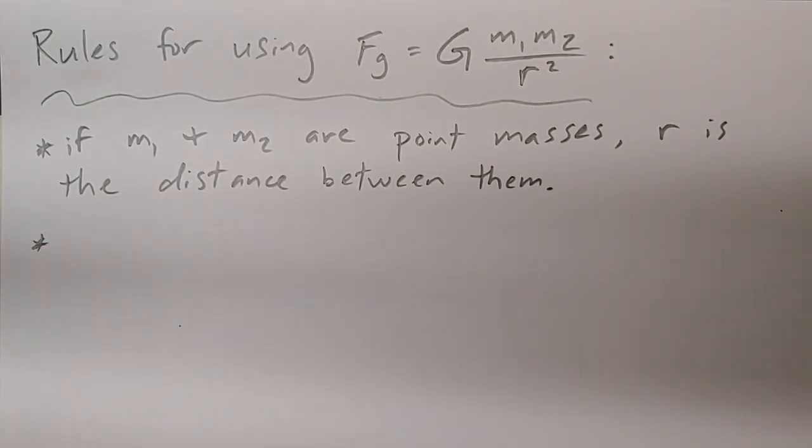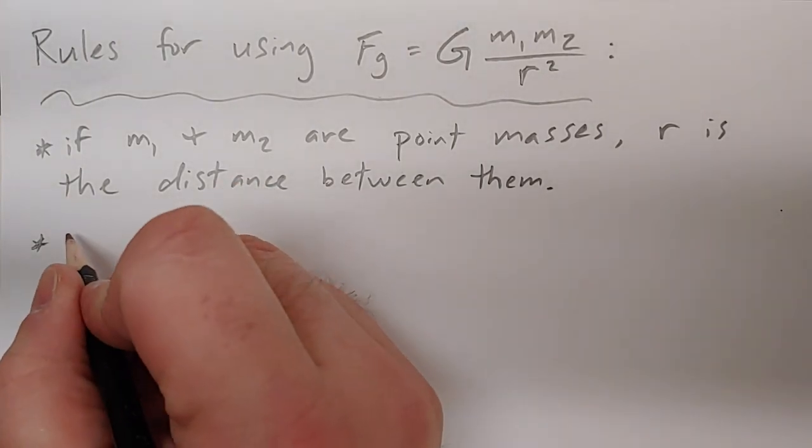Now, that works fine as long as the objects are small enough that you can consider them point masses and compact and really far away from each other, so we don't really have to care about their shape. But there is one shape that even if the objects are close to each other, you can still treat as a point mass, as long as they are not overlapping.